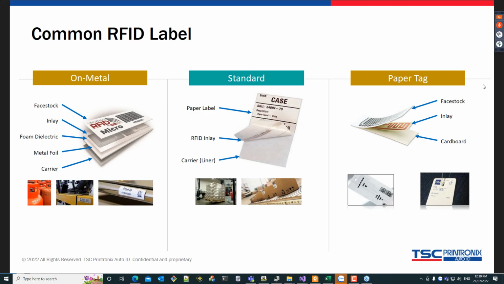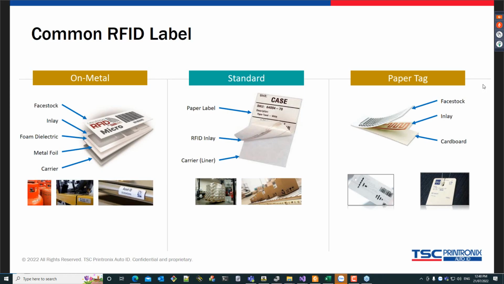This kind of label can be used for the pallet or on the box that we will use for transferring. But if you are going to paste the label on some special materials, such as metal, since metal will influence the efficiency of reading the RFID tags, we need the special metal tag, just like on your right hand side.